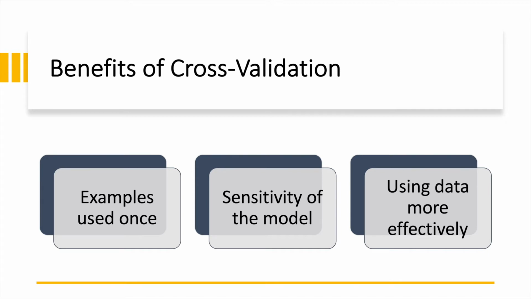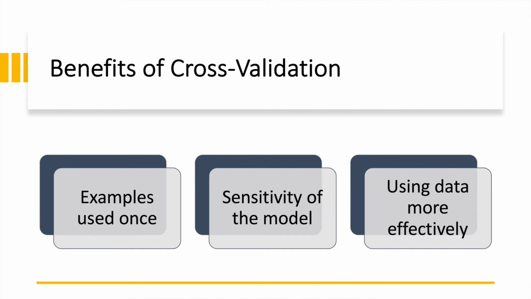So having multiple splits of the data also provides some information about how sensitive our model is to the selection of the training data set. So this helps us understand how robust a model we have.